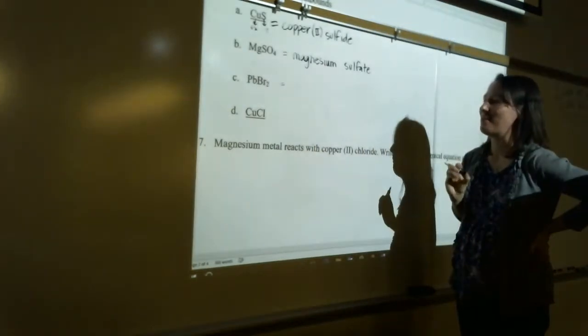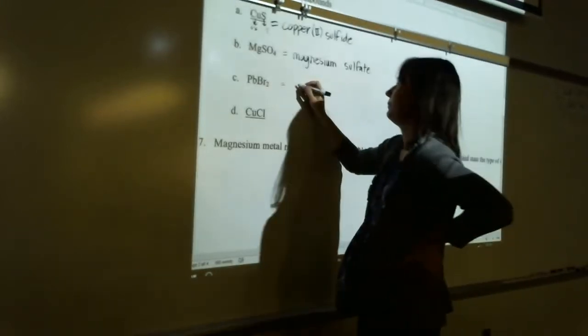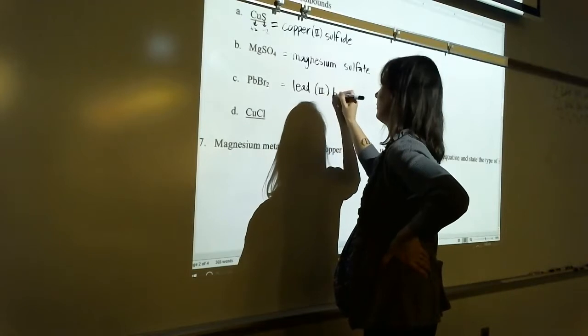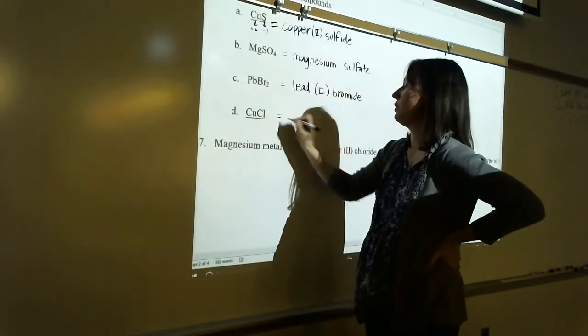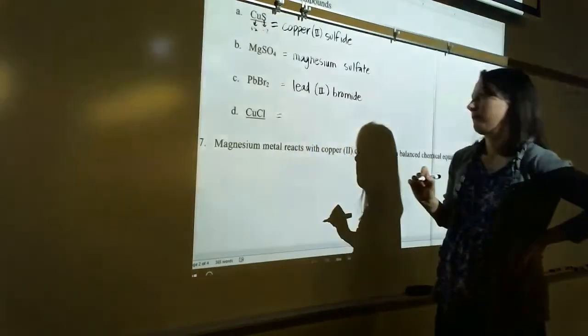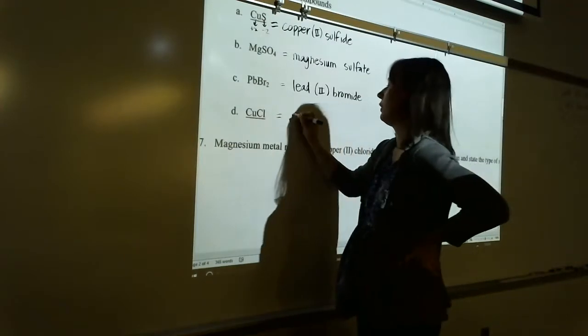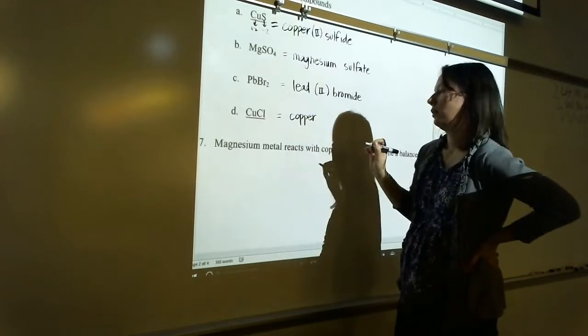All right, what's the name of PbBr2? Lead 2 bromide. Good. And what's the name of CuCl? It's not just copper chloride, it's copper 1.